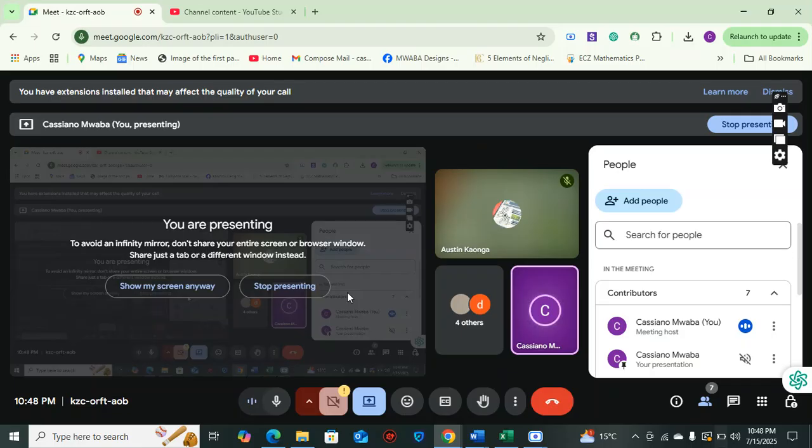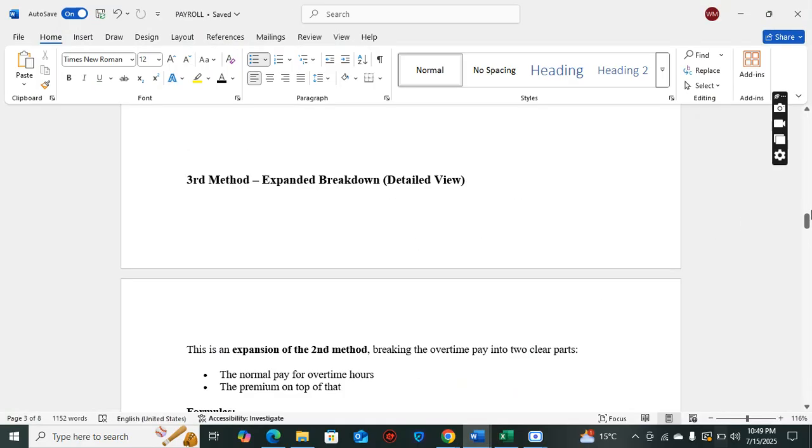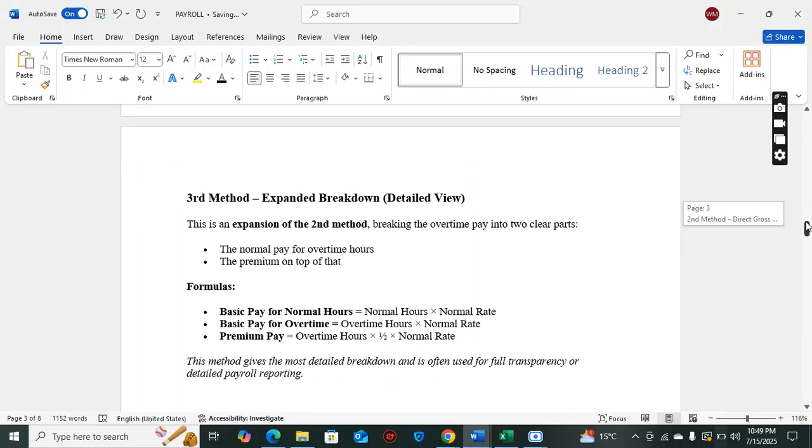So I want you to know all three methods so that should you see a different approach in another book, you'll be able to tell which method they used.